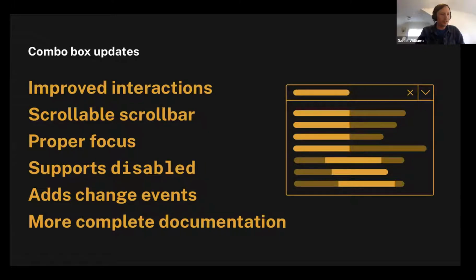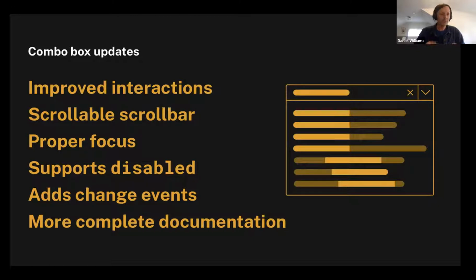And we also fixed a rotten little bug with the scroll bar, where the scroll bar appeared, but it wasn't actually selectable and draggable, which I guess defeats the purpose of a scroll bar. But now the scroll bar is draggable and scrolls just the way you would expect a scroll bar to scroll. We also improved the way the component communicates the focus and selection state.